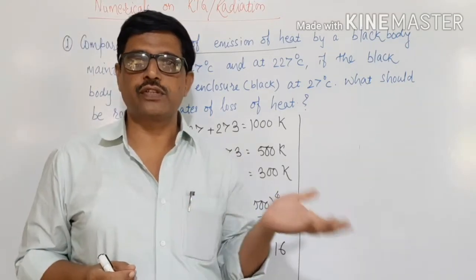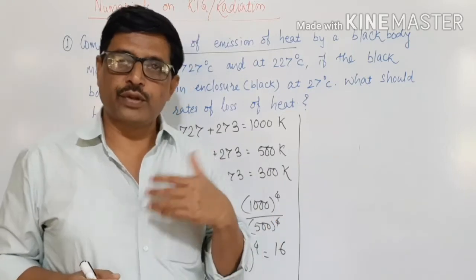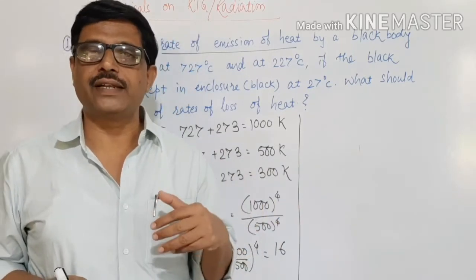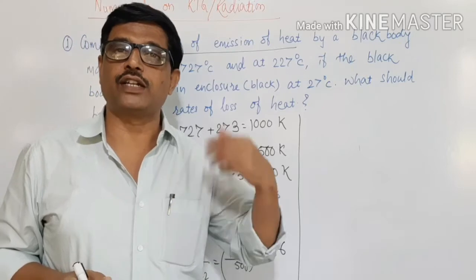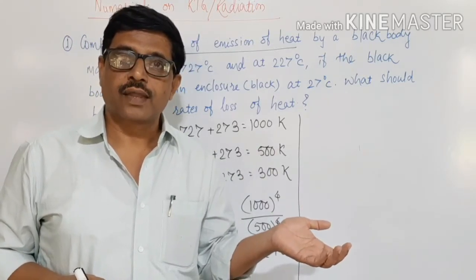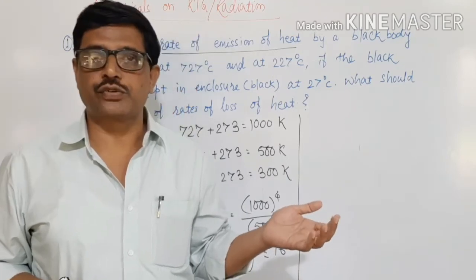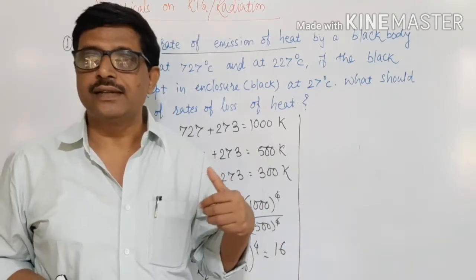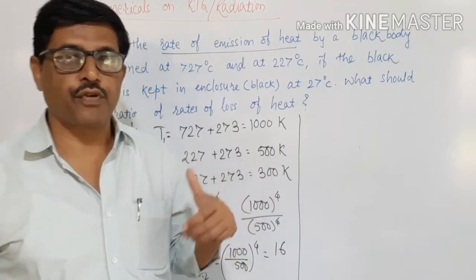From Stefan's law of radiation, we know that the quantity of radiant heat emitted will be sigma T to the power of 4. And if it is kept in a surrounding of temperature T0, it will absorb radiant heat sigma T0 to the power of 4.